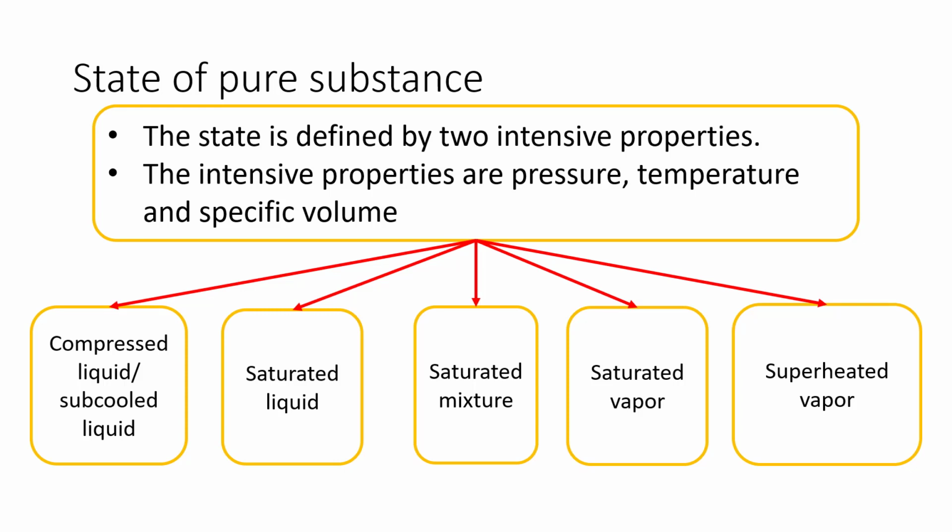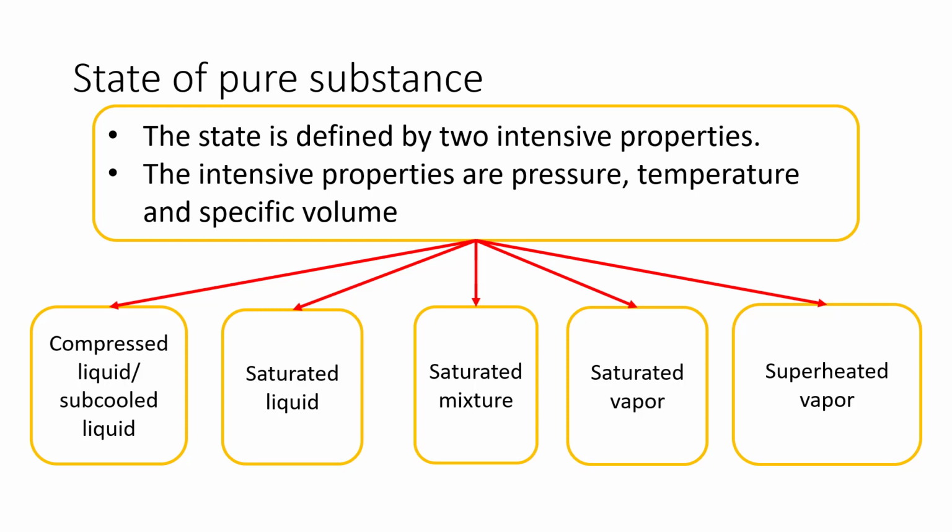Now let's look at the state of pure substance. The state of a pure substance can be defined by knowing two intensive properties. I hope you still remember what intensive properties are. The intensive properties are pressure, temperature, and specific volume. There are other intensive properties, but these are the main intensive properties that we will be using a lot.